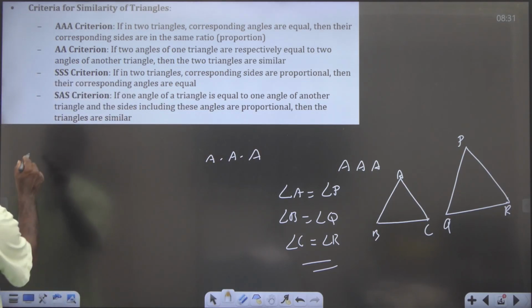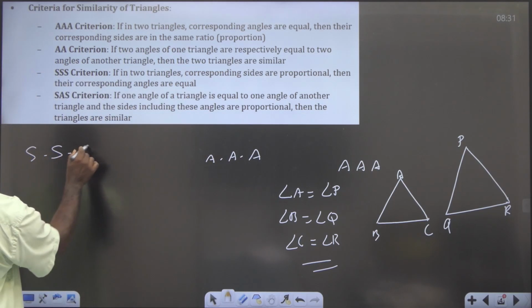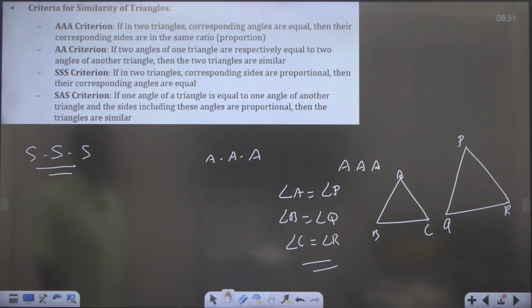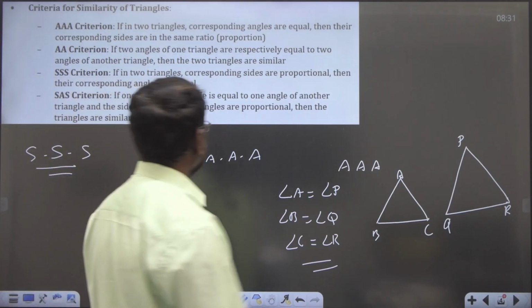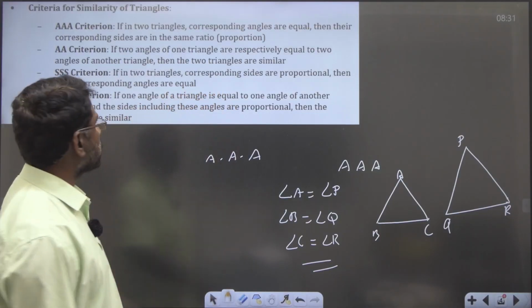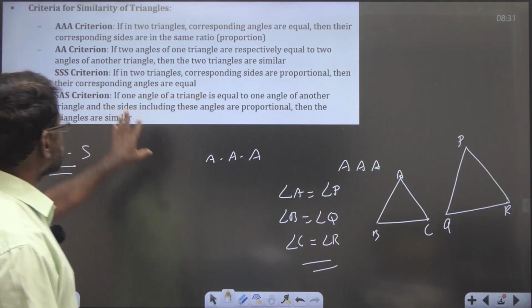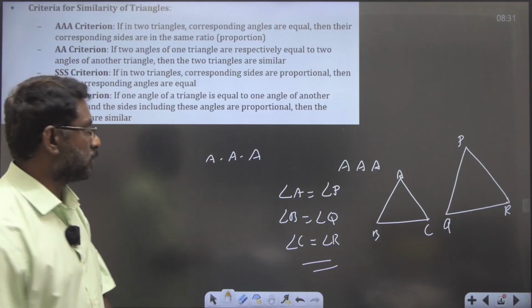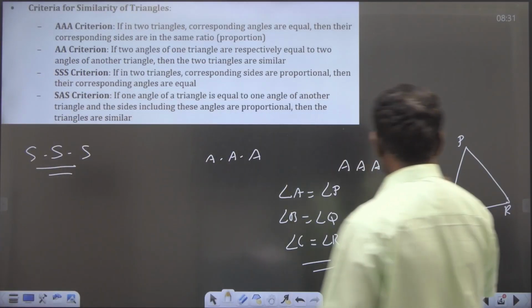Next is the SSS criterion. Side, side, side. In two triangles, if corresponding sides are proportional, then their corresponding angles are equal. For example, consider these two triangles.